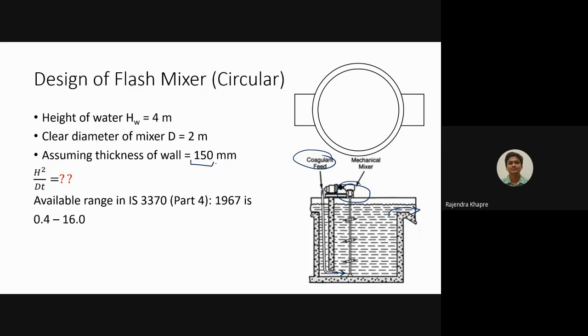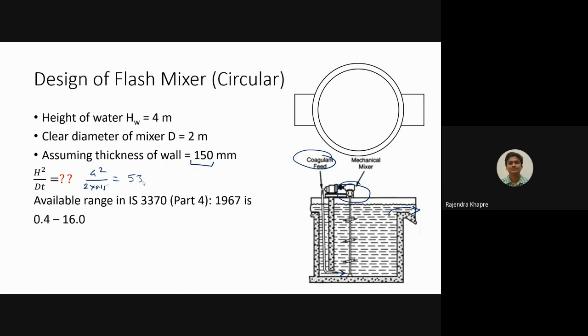Since this is a circular structure, if you go for the h square by dt value, this is 4 square, diameter is 2 and thickness is 0.15. How much is this h square by dt value? Someone please tell me. 53.